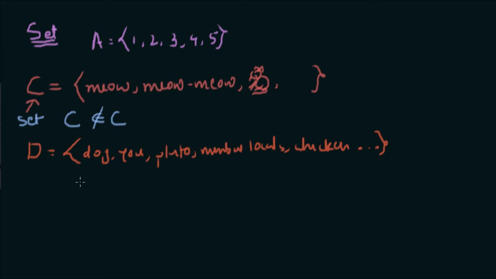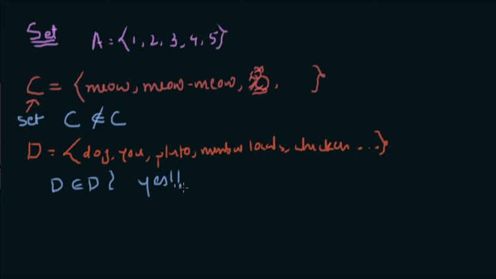Now think about it. Does D contain itself? Okay, the question is, does D belong to D? Yes, the answer is yes. Why? Take a few seconds to think about it.